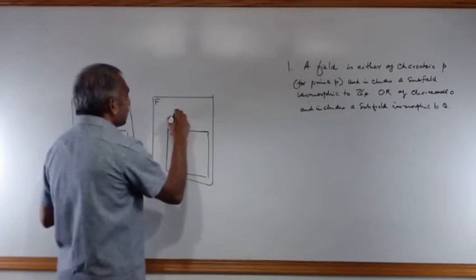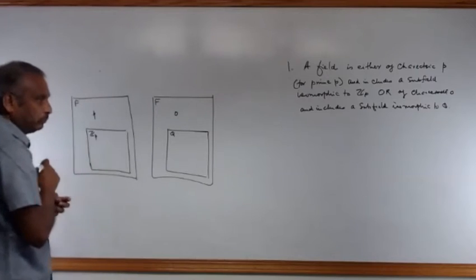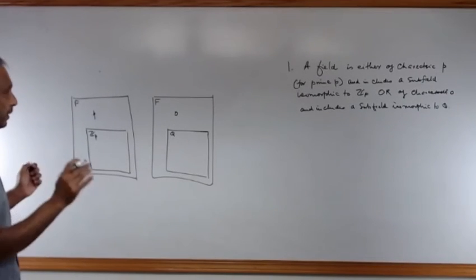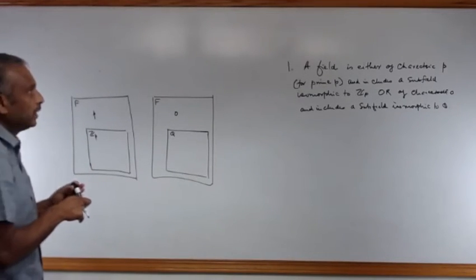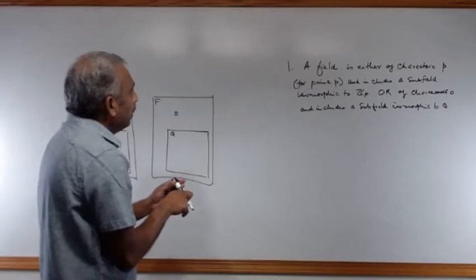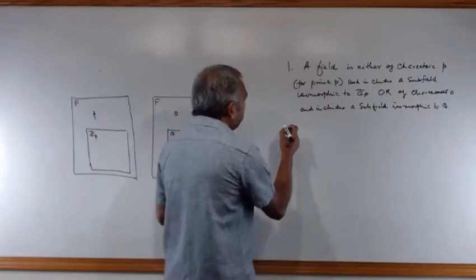In the second case, the characteristic is 0. Any field. That's a very powerful result we established earlier.